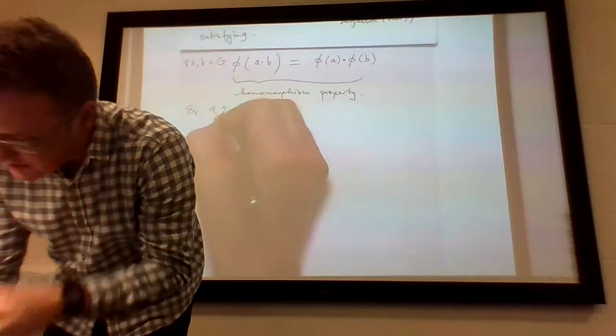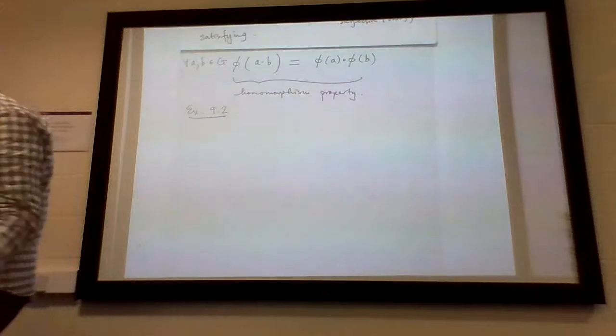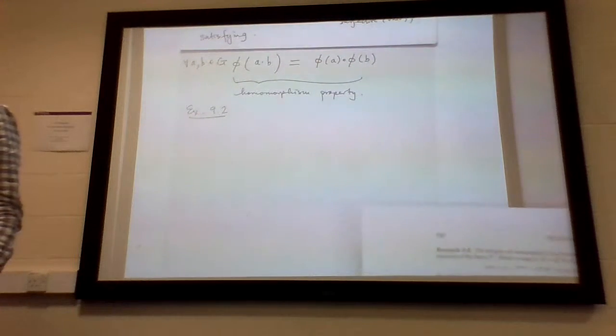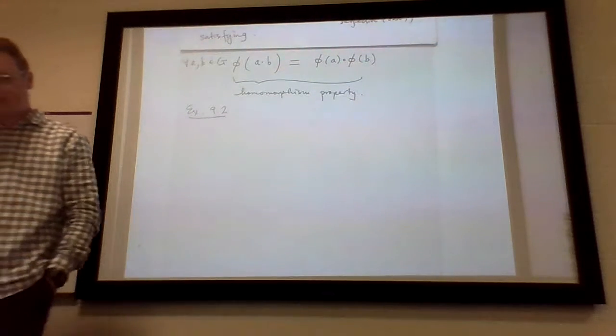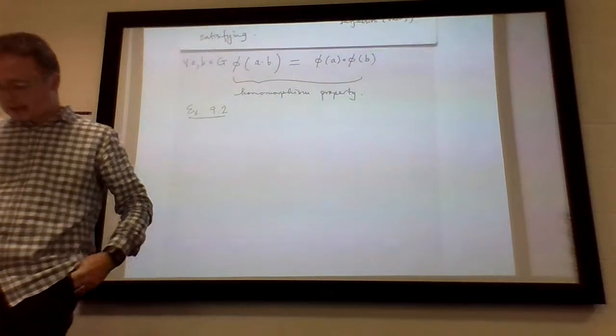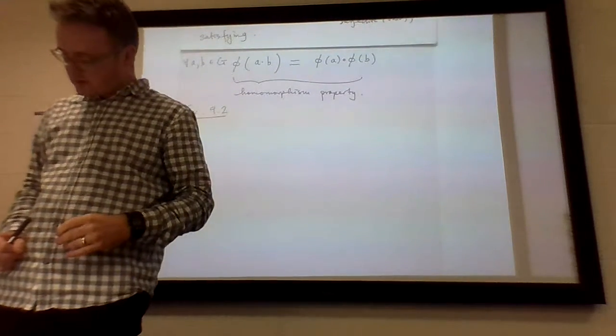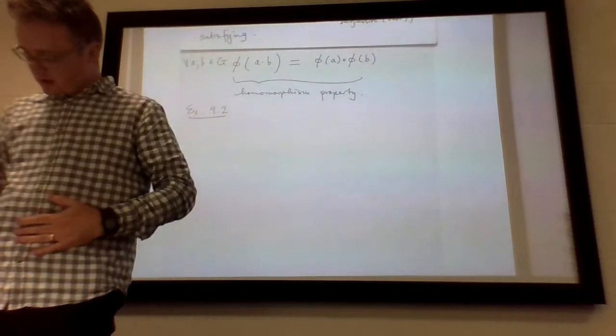Example 9.2. We'll look at a couple of examples and then look at proving general properties. Let's look at the first example, then we'll see if there are any questions we might have.